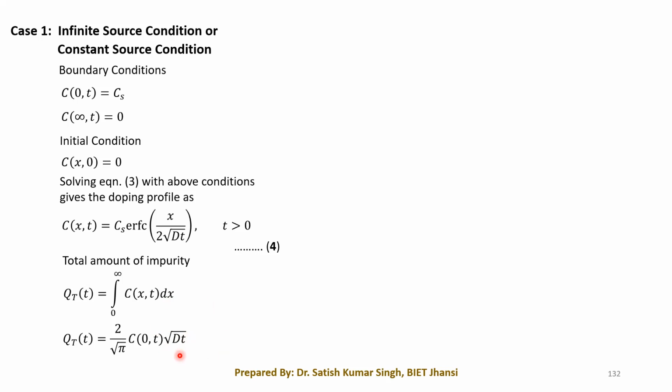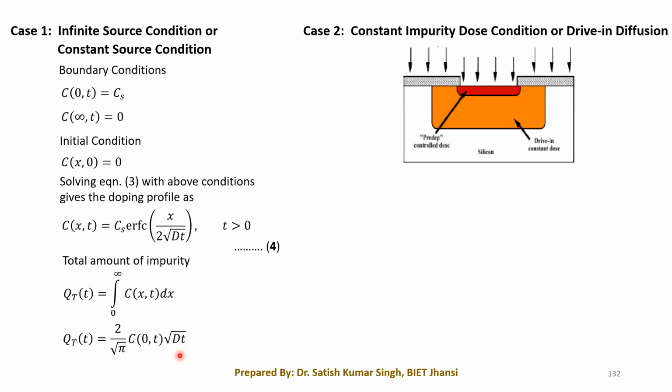So after this infinite source or constant source condition, we can look at the second case. In the second case, we have the drive-in step. This case is also called the constant impurity dose condition, or drive-in diffusion.